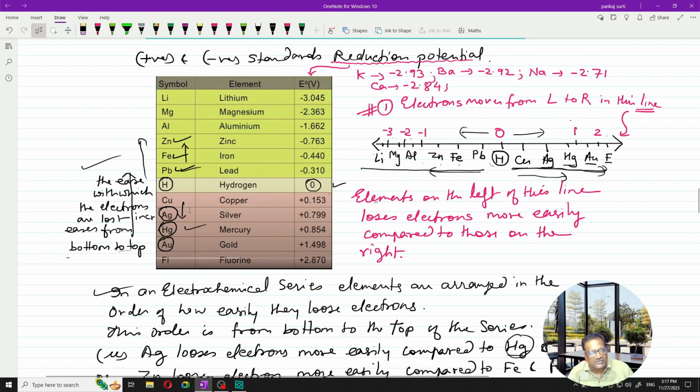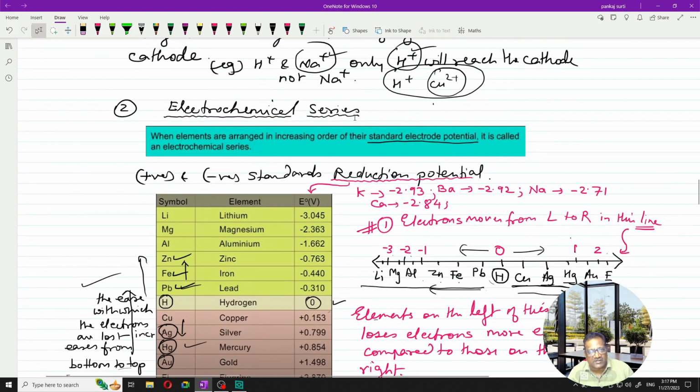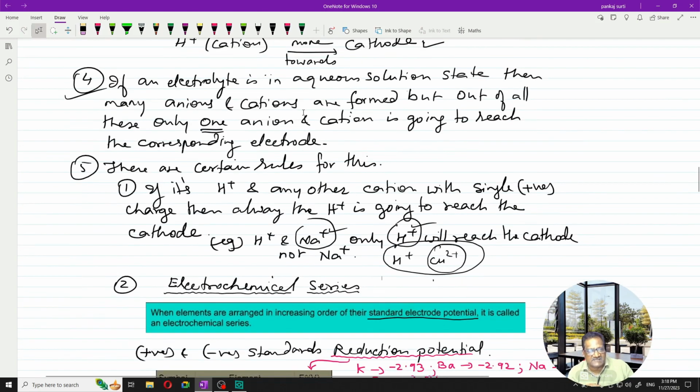Between hydrogen and copper, copper is below hydrogen in the series, so it will be copper which goes to the cathode and not the hydrogen. So this is one point you should remember as rule number 5, which ion is going to reach the cathode. There's one more rule in this connection.